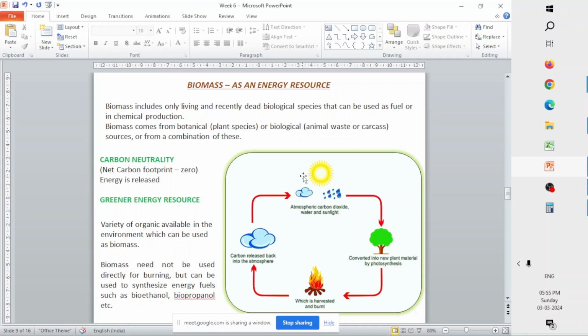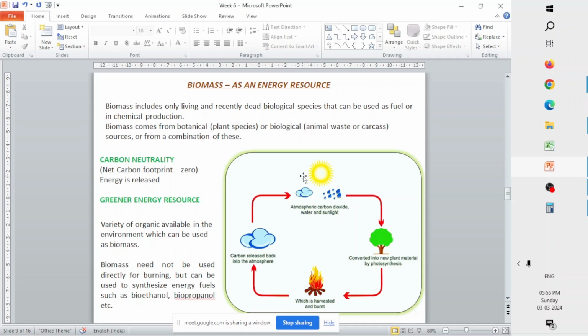The reason we require sunlight is because the sunlight helps in the photolysis of water. By photolysis, I mean the splitting of water into hydrogen and the hydroxyl group, and they react with the carbon dioxide in the chlorophyll system.